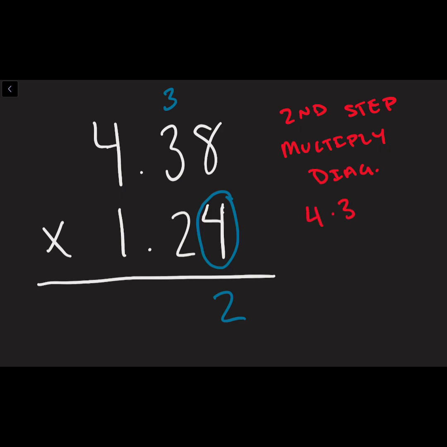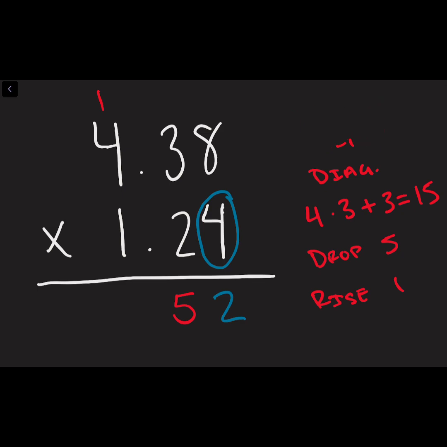We can't forget this 3 up top, so we're going to do plus 3 as well. 4 times 3, that's 12. Plus 3, that's going to give us a 15. So we drop the 5 and we're gonna rise 1. All right, drop 5, rise 1, 5, 1 up top. We can erase this 3, no longer needed.